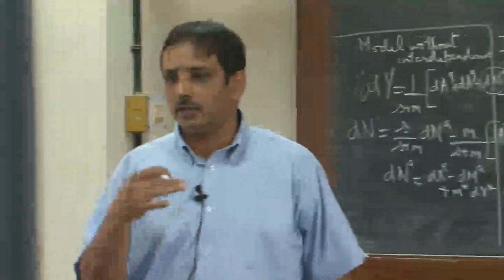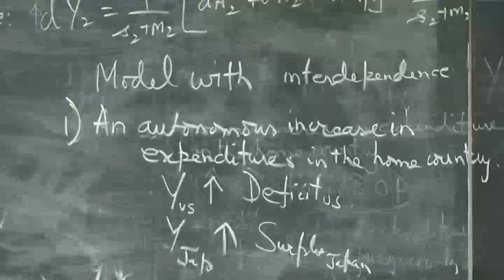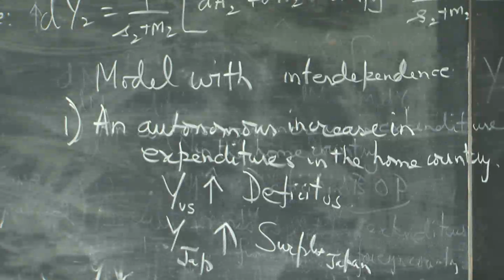So the appropriate policy is again expenditure changing policies when you have an autonomous increase in expenditures in the home country.